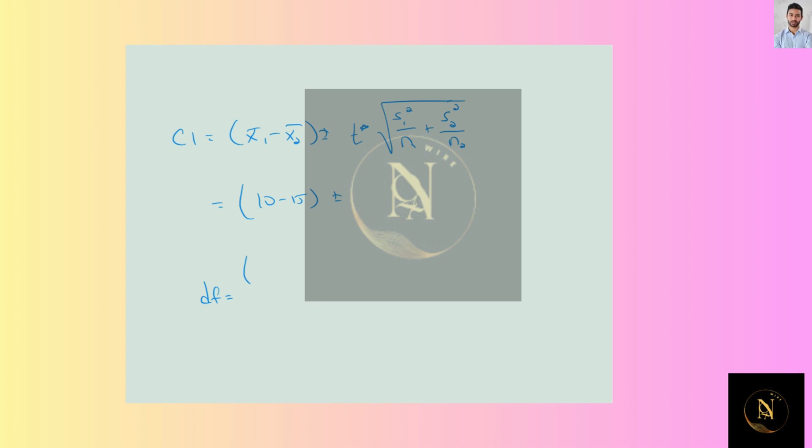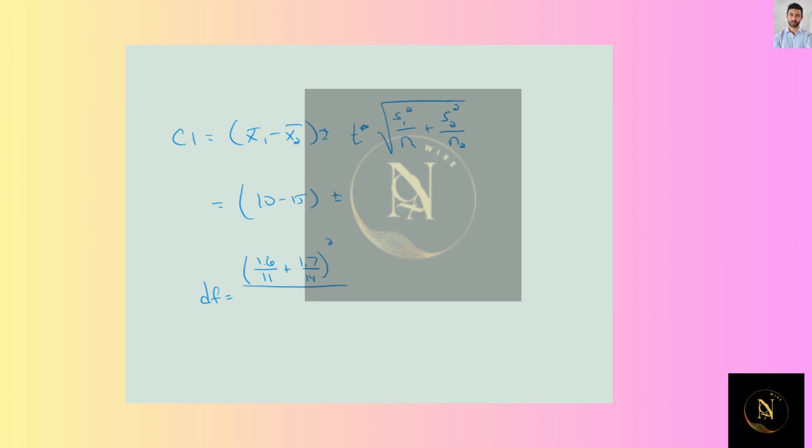the variance from the first sample over a sample size of 11 plus the variance of the second sample over its sample size 14.